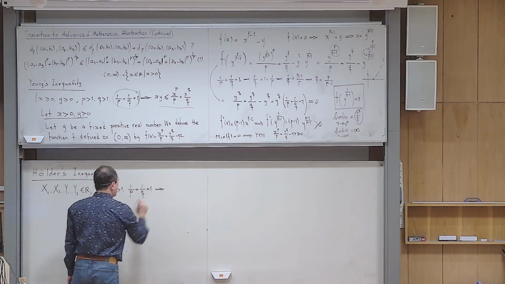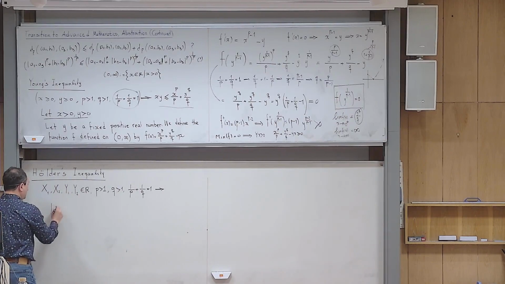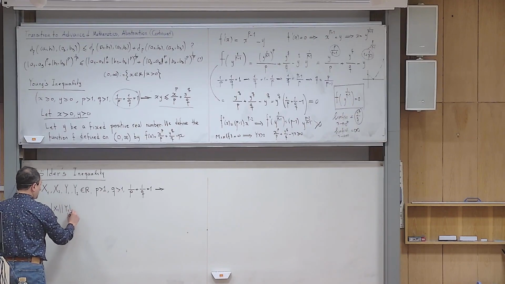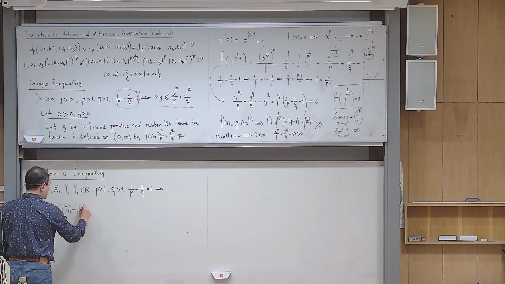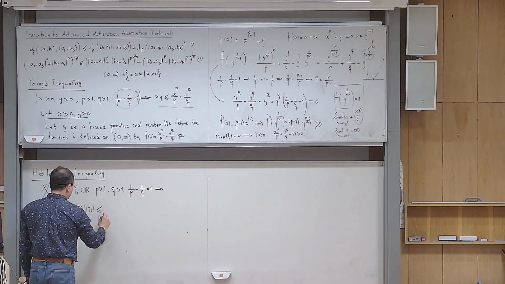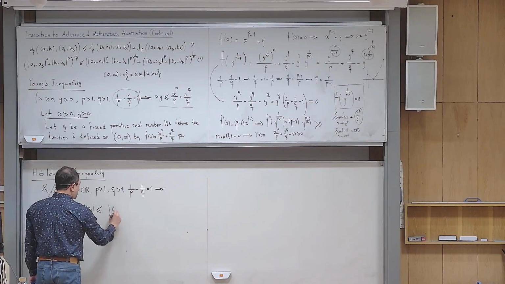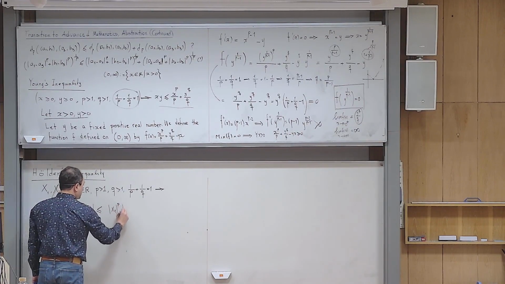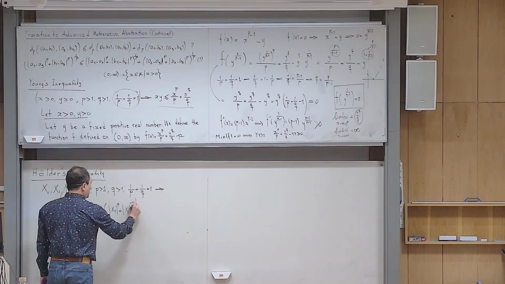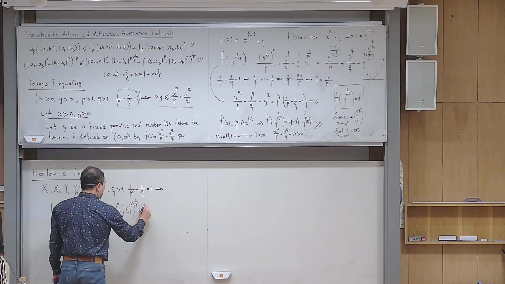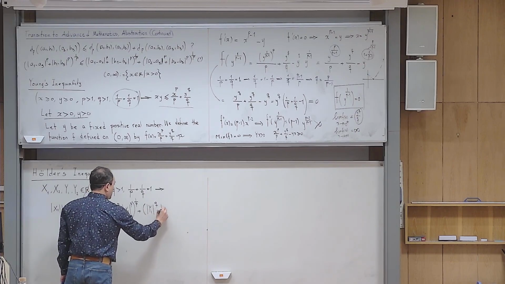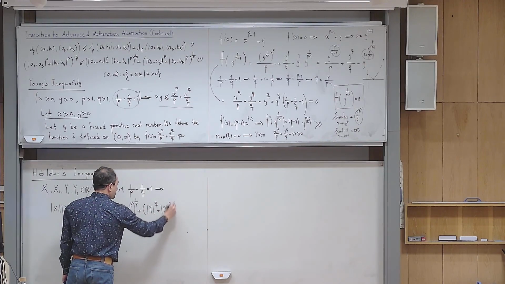We want to prove that the absolute value of x1 times the absolute value of y1 plus the absolute value of x2 times the absolute value of y2 is less than or equal to the absolute value of x1 to the power of p plus the absolute value of x2 to the power of p, all to the power of 1 over p, and similarly for y: the absolute value of y1 to the power of q plus the absolute value of y2 to the power of q, all to the power of 1 over q.